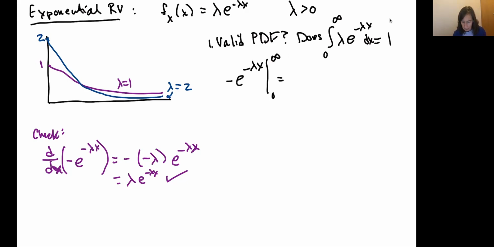So the first part of the definite integral is just the limit as x goes to infinity of negative e to the negative lambda x, and then subtracting it off, we have negative e to the negative lambda times 0. Really the main tricky thing here with the exponential functions is managing all those negative signs. They really pile up here.